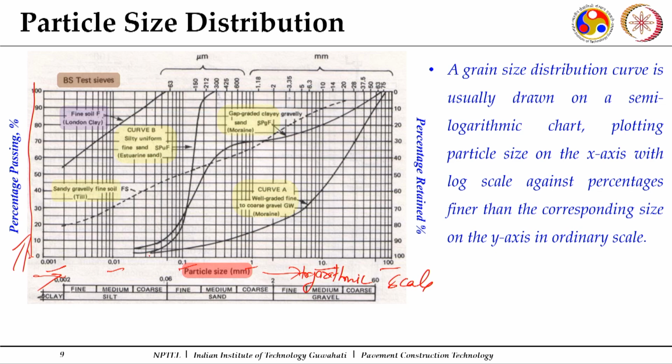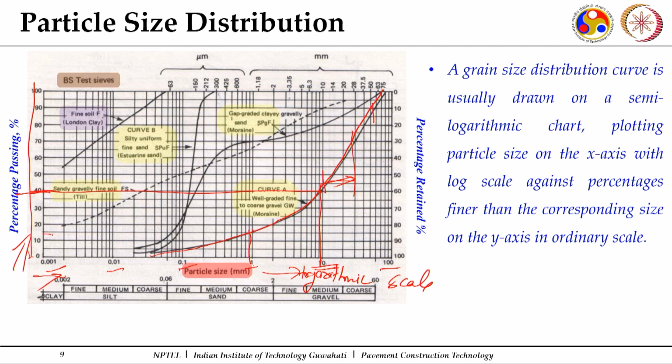Now, this is one size distribution curve, you can see. There is a range of material present between these sieve sizes also. So, I can see if this is 1 mm and this is 10 mm. So, what is there? At 1 mm you can see around 15% passing, and this is 40% passing for 10 mm.